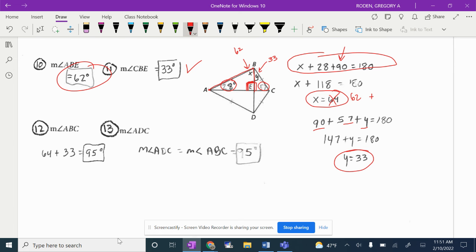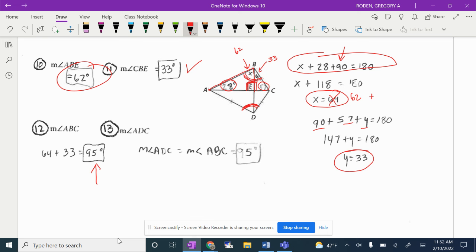Okay, what's the next angle we want to find? Angle ABC. Well, we just add those up, right? We're adding 62 and 33, these two angles right here, and we're getting 95 degrees. And then we want to know the measure of ADC. ADC is down here.